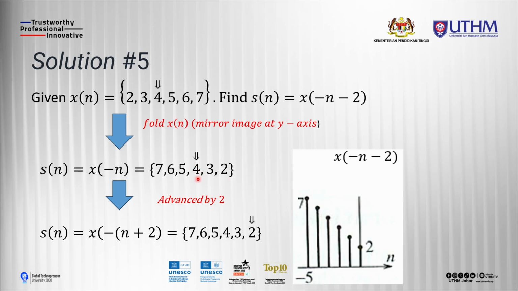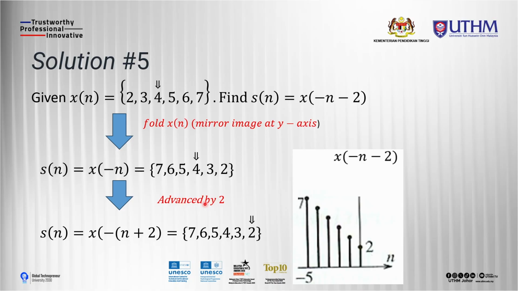After that is the time shifting. If you look at the question, it is x[-n-2]. Since the folding has been done before, you need to bracket it out. Then you get x[-(n+2)]. This n+2 is an advance by 2 units.